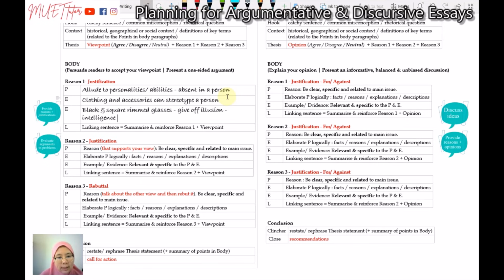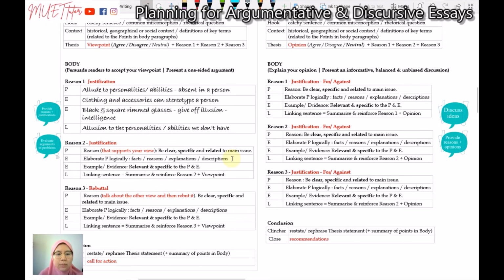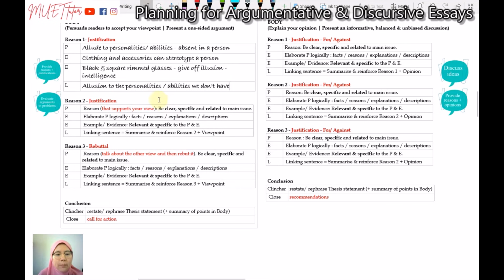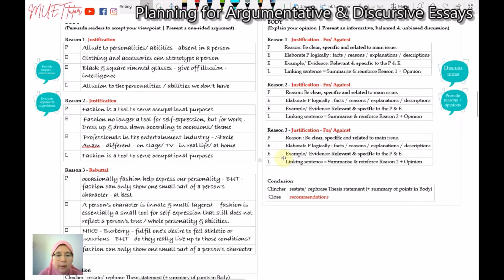Then to summarize this paragraph, we can reuse the points in P, but rephrase it a little. And this is the example for reason 1. And done with point 1. Then for points 2 and 3, or reasons 2 and 3, we repeat the same process with the other ideas that you have.